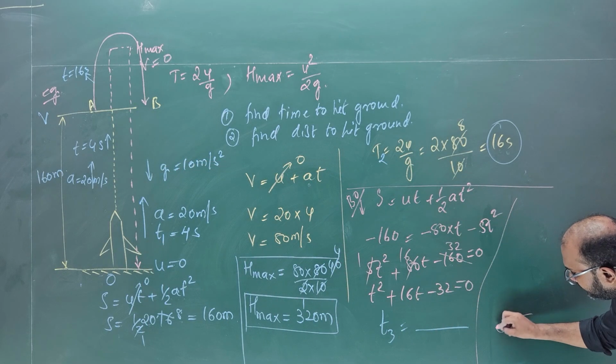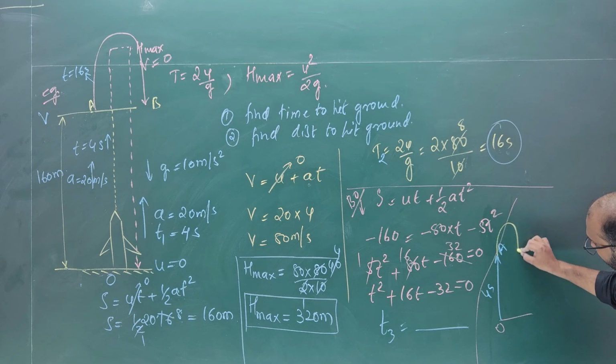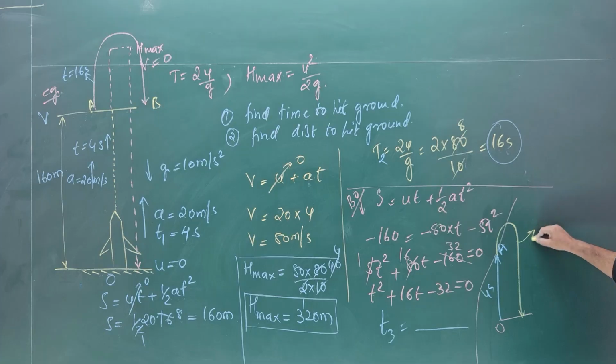Here is your O. Okay. O to A. Consider this as A. What is the time period? 4 seconds. Na? Yes or no? Then from here to hitting back the ground, can I say that from A to A using displacement also I can calculate the time?